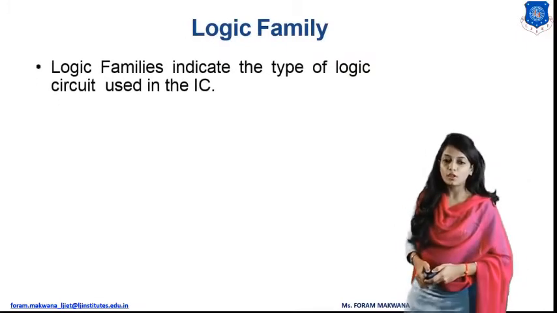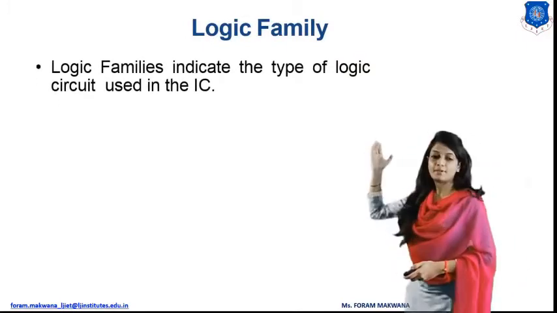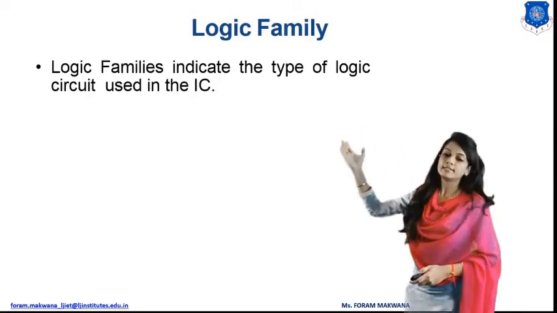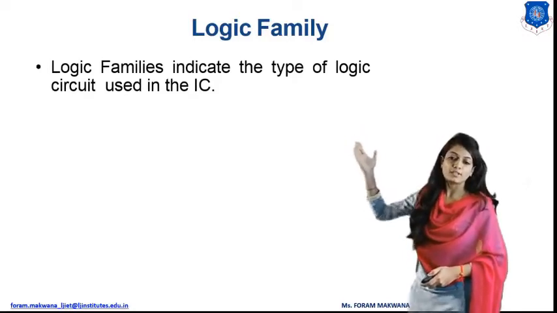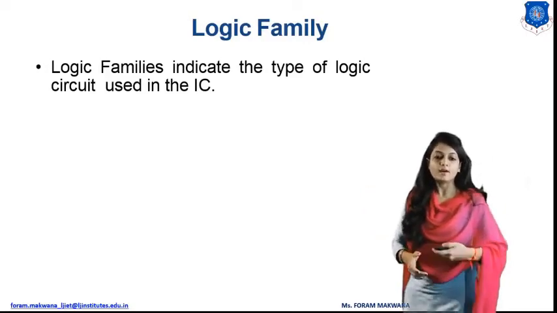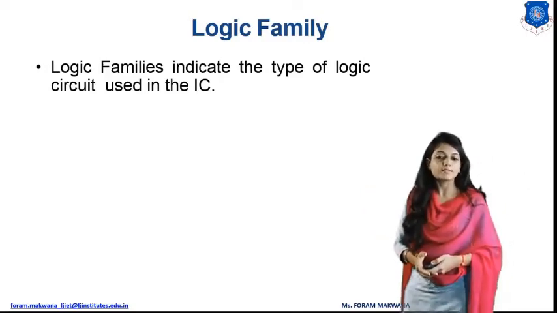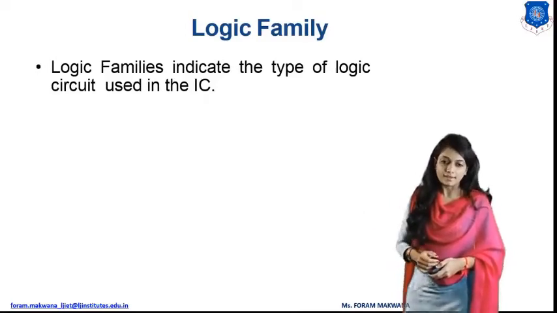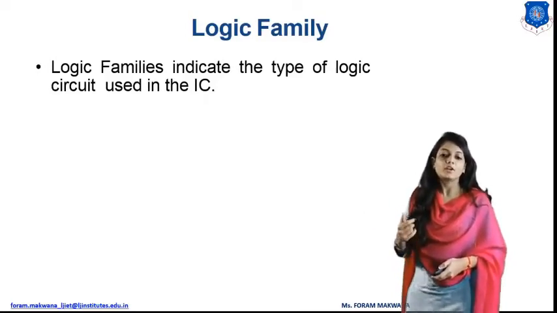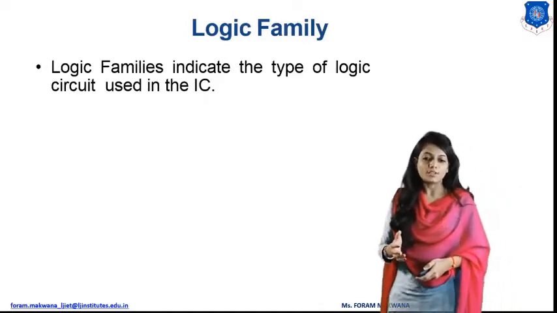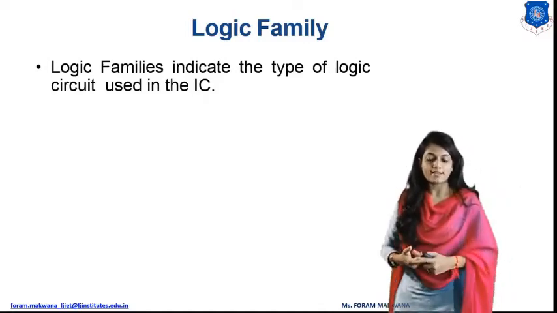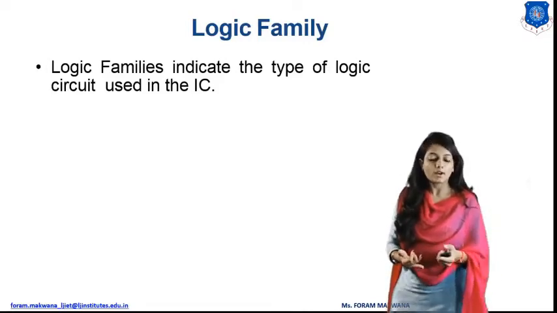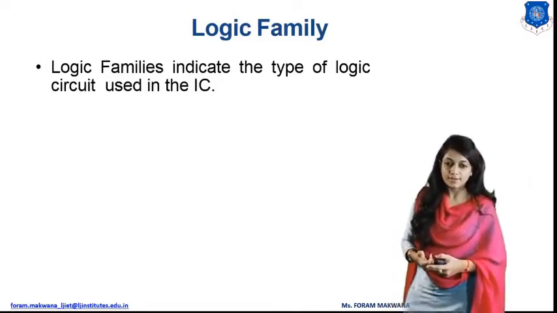First of all, what do you mean by logic family? A logic family indicates the type of logic circuit used in the IC. What do you mean by IC? IC means integrated circuit, in which a number of logic gates are there. We have seen there are many types of logic gates like AND, OR, XOR, XNOR, NAND and NOR, in which NAND and NOR are the universal logic gates, right?